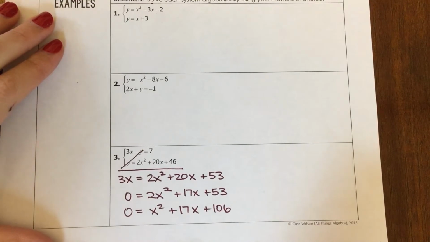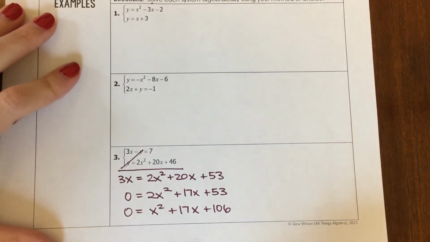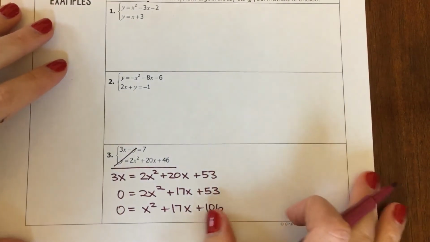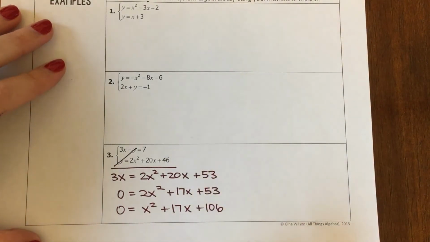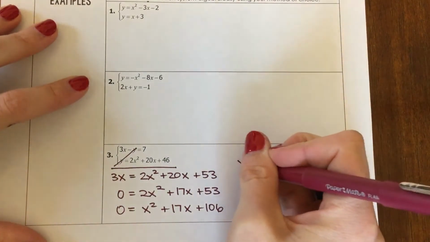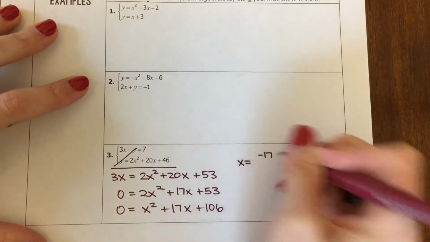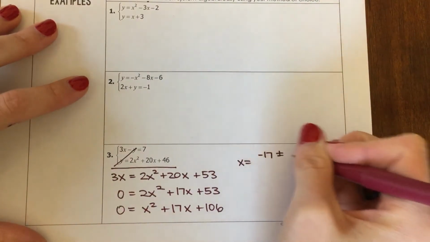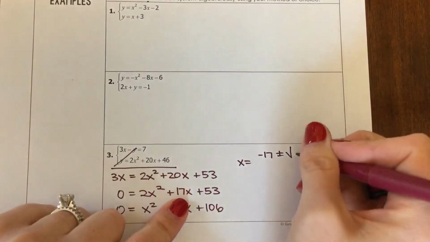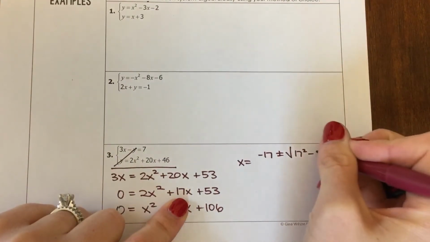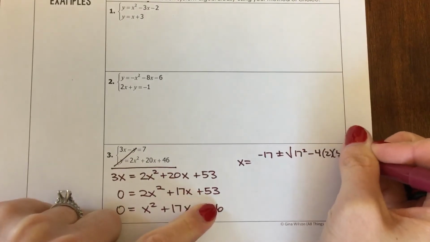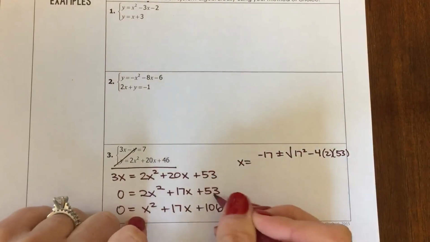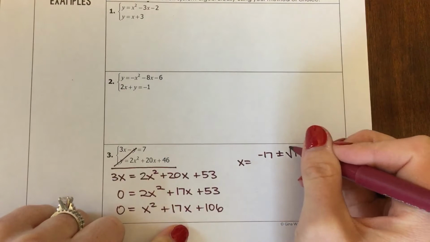If it cannot be factored, we are working with imaginary roots here. You could try the quadratic formula if you can't factor it, but we would end up with imaginary roots. Let me show you really quick. x equals negative b, which is the 17, plus or minus the square root of b squared, so 17 squared, minus 4 times a times c, all over 2a, so 2 times 1. Make sure you're using the original numbers, not the slide and divide numbers.